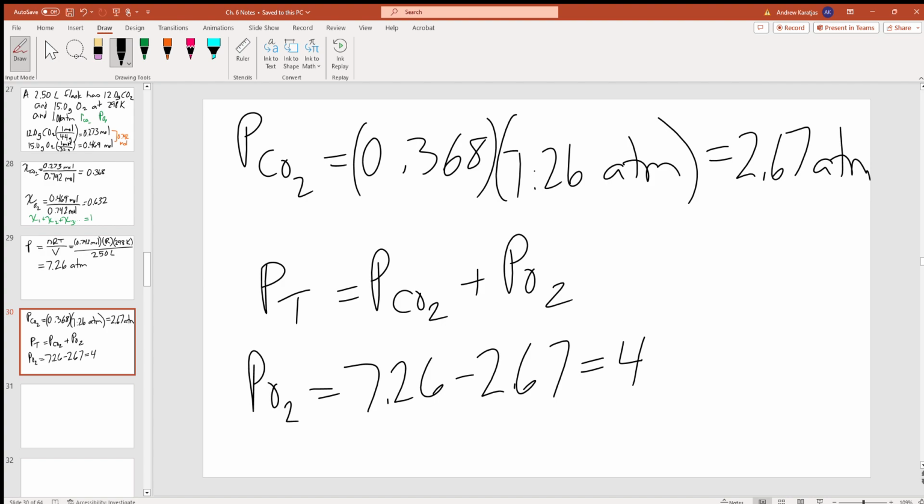And we can just calculate that out here. And we get the pressure of oxygen, 4.59 atmospheres.